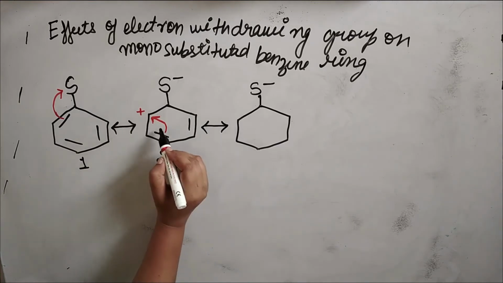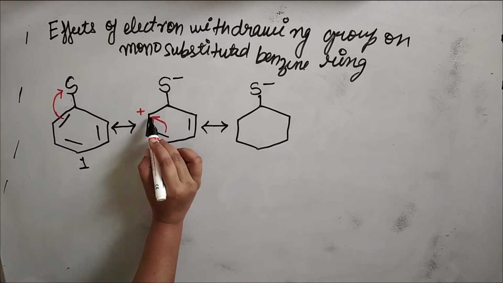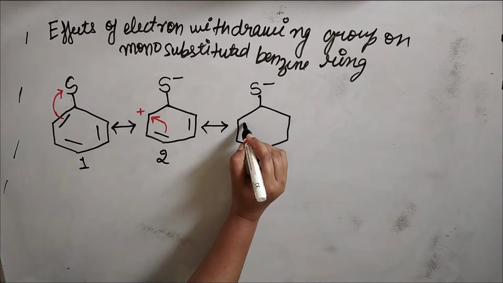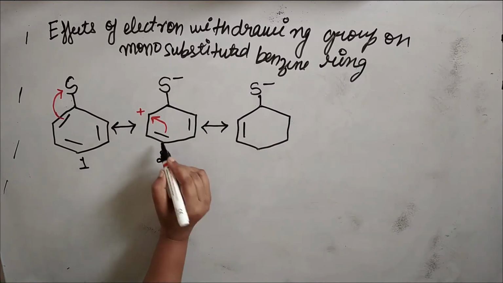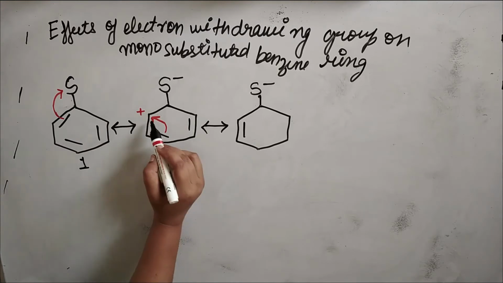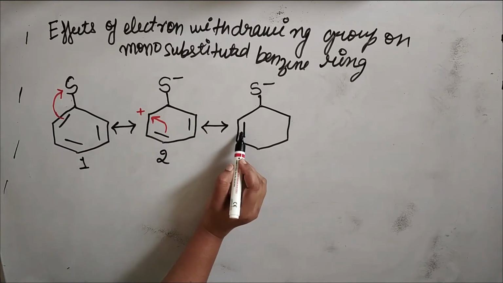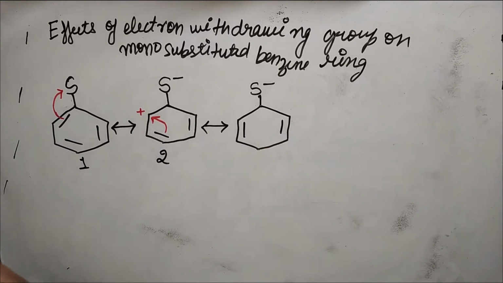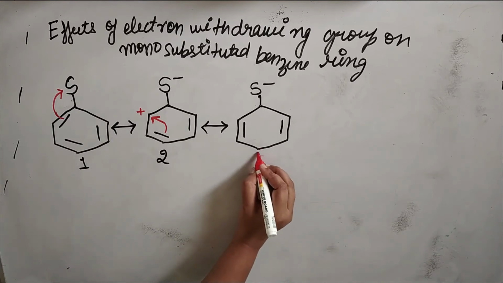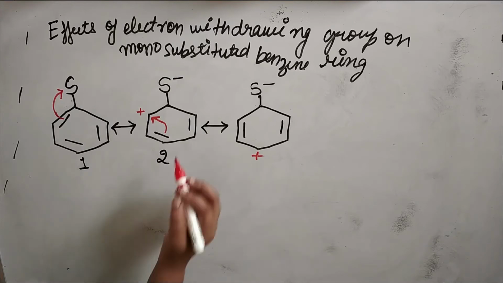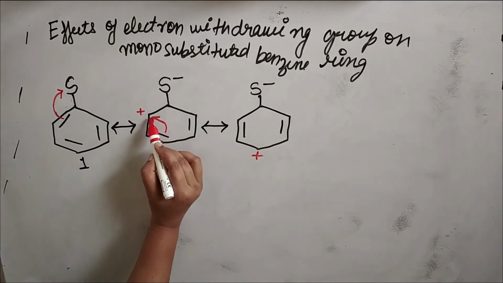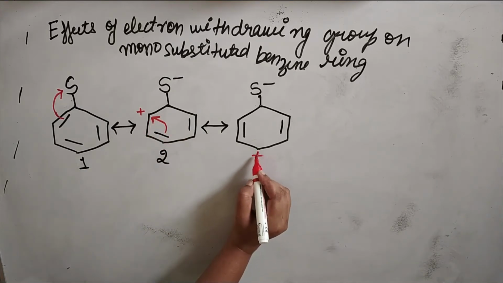Here, if the movement of electrons takes place, then a bond will form, and the electrons move here. Because of that, a double bond will appear. If a double bond appears, then the deficiency of electrons will occur here, because the electrons move here. So at this carbon, there will be a deficiency of electrons.